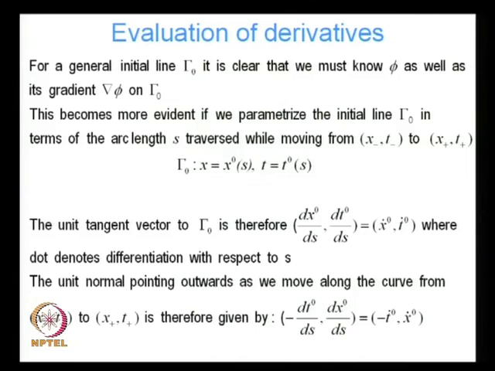So, this is my unit tangent vector x dot 0, t dot 0, where dot denotes differentiation with respect to s, and the normal pointing outwards as we move along the curve from x minus t minus to x plus t plus is therefore given by minus dt ds, dx 0 ds. This we have seen already, and that is equal to minus t dot 0, x dot 0.